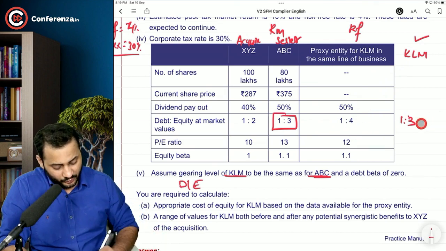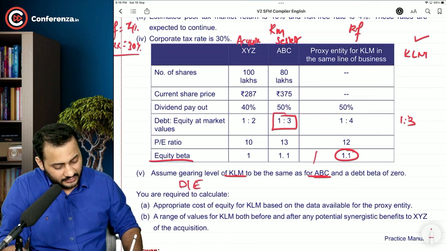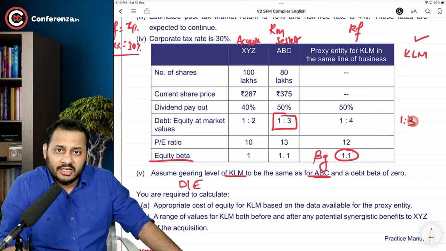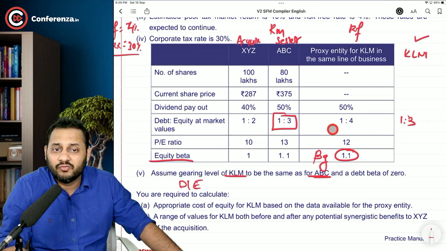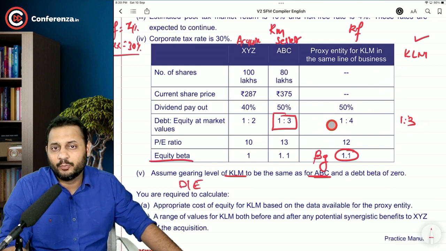So at the time of using this equity beta, this is called the geared beta. Tell me, can we use this geared beta of 1.1? No, sir. We cannot use it, because 1.1 consists of the debt equity risk of 1:4, that is of the proxy. But we need an equity beta which includes the risk of 1:3.